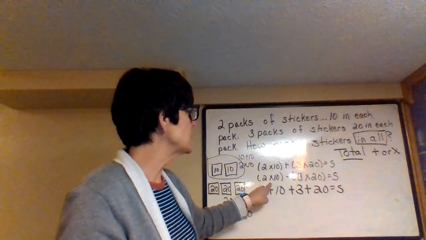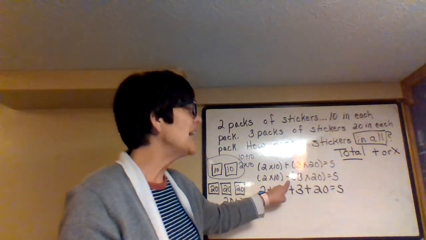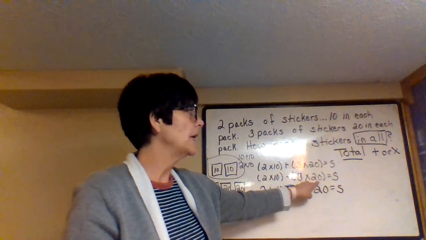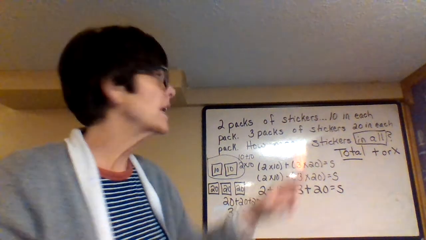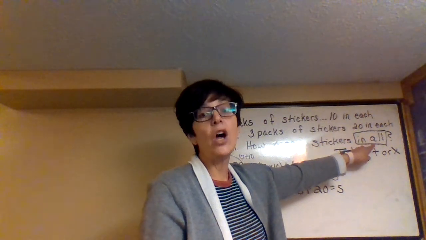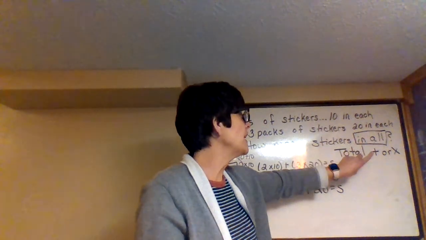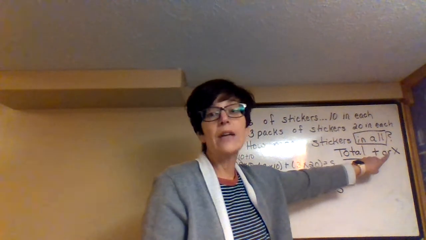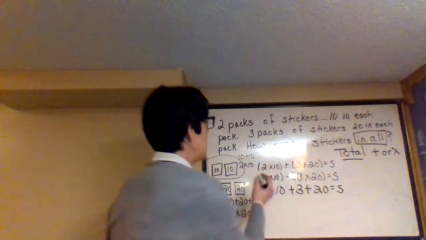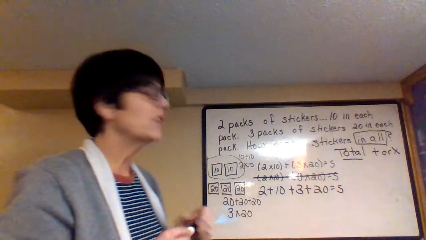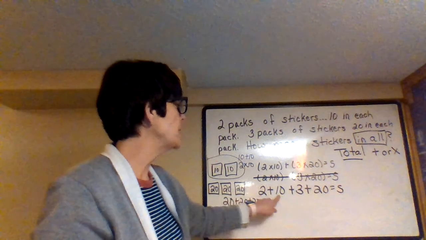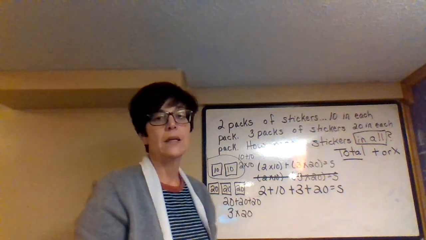This one is 2 times 20 minus 3 times 20. Do I want to subtract? I don't, because we already determined I want to know in all or the total. And the way to find in all or the total is to add or multiply. So I'm not going to subtract. Then my third choice says 2 plus 10 plus 3 plus 20.